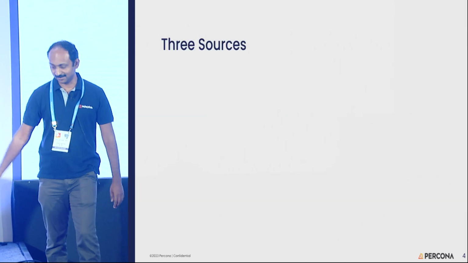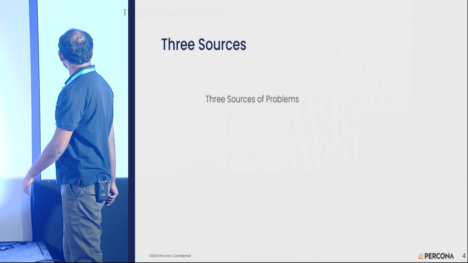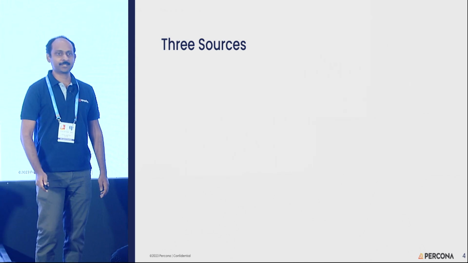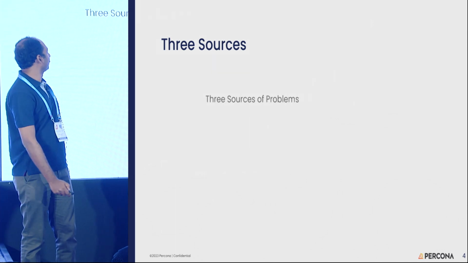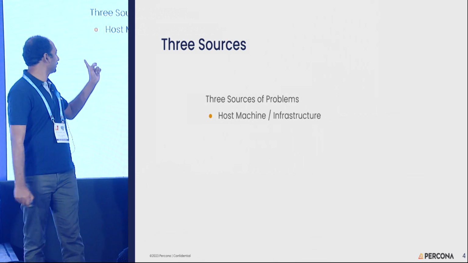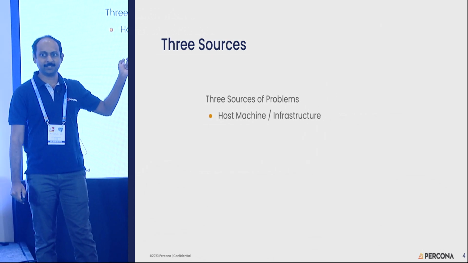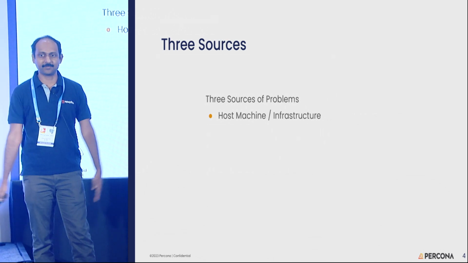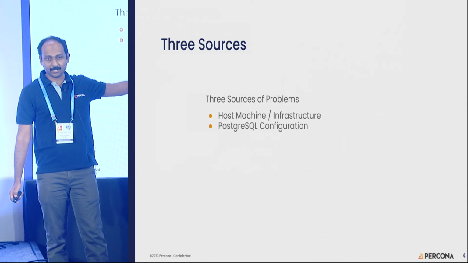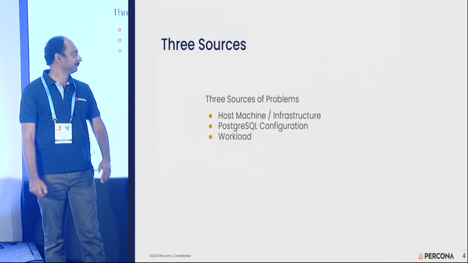Okay, rushing to the topic. Always remember that there are three sources of problems. The first one is the host machine and the infrastructure we are going to use, which can give us a lot of trouble. Then the PostgreSQL configuration, and the workload.